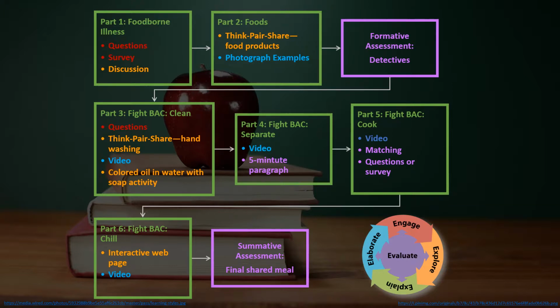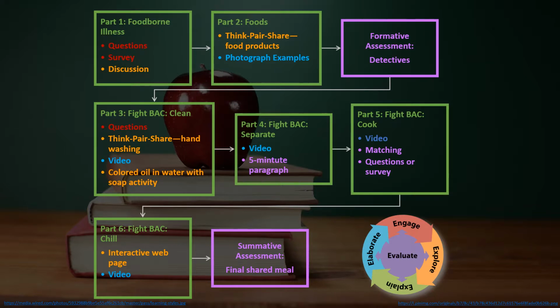Please note how the color scheme of the learning activities for each of the parts of the content are laid out in the flowchart, and they also correspond to one of the colors in the 5E model.